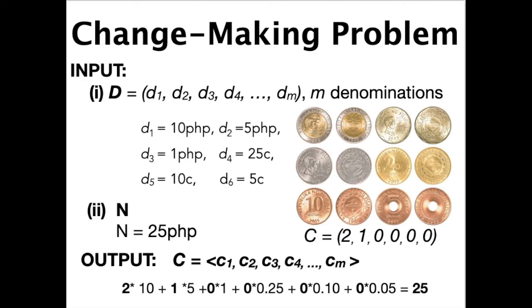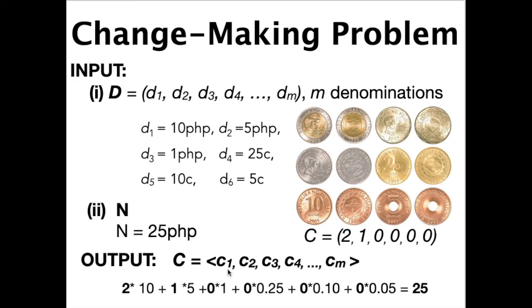Let's give another example that is way better than our previous example. Suppose we try to arrange the denominations from the highest to the lowest, and we'll try to provide coins nakakasya dun sa highest denomination and so on. So let's try to construct the solution by providing C1, C2, and so on. Initially we can start with 25 pesos.